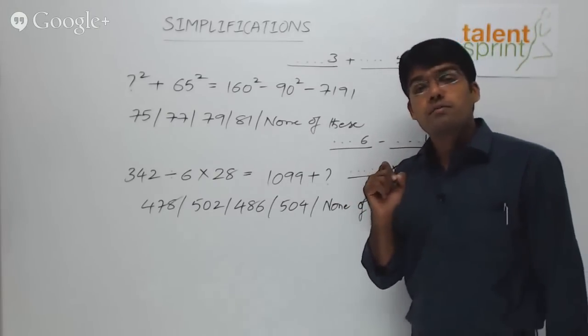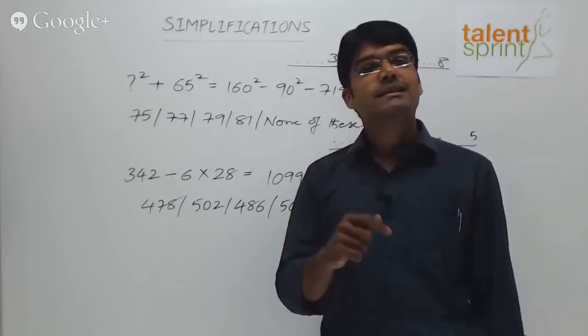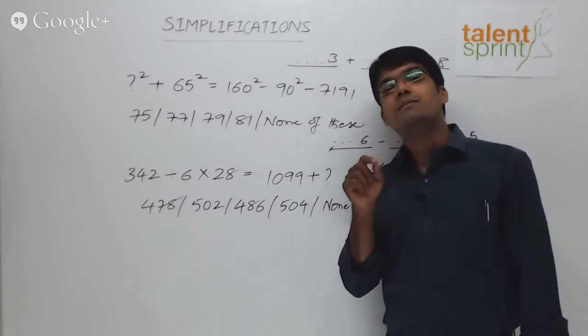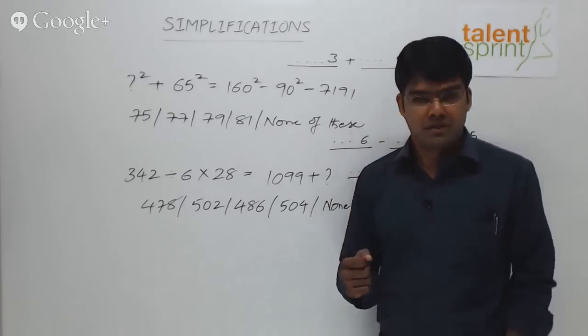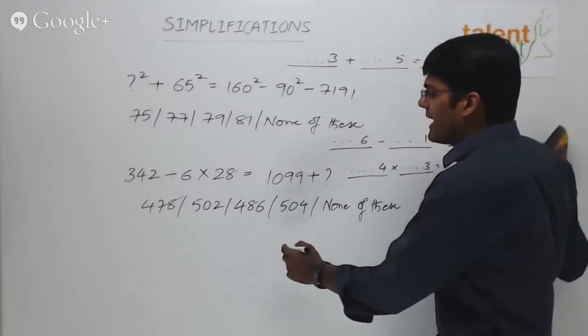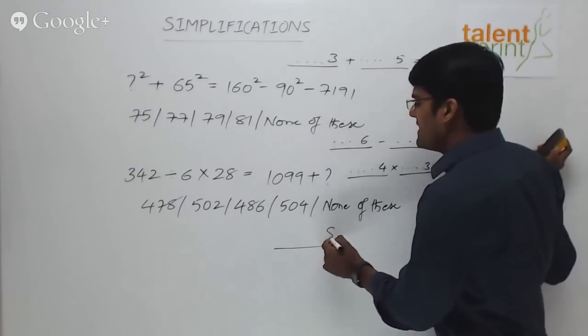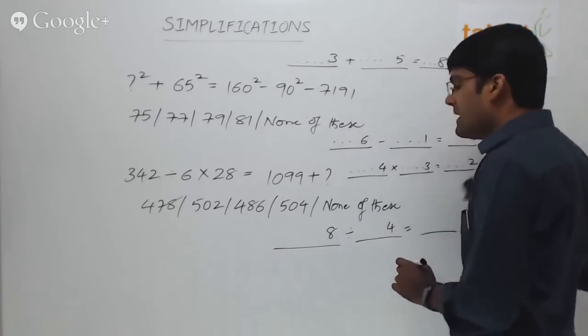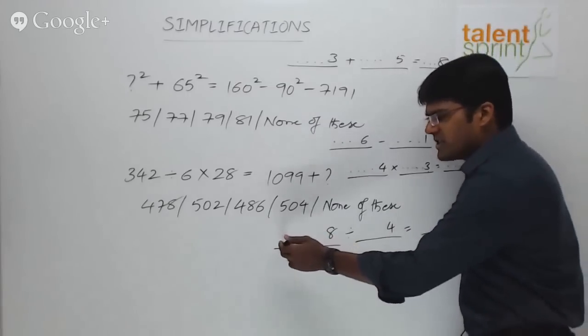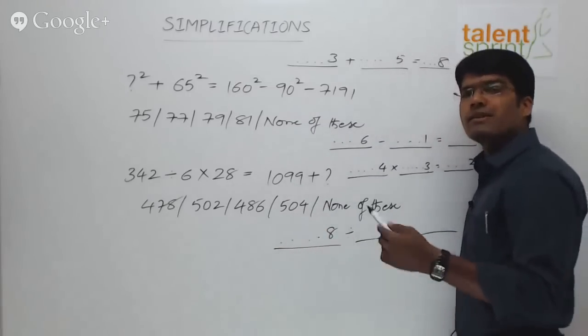But one very important point which I would like to mention here is that this particular technique, this units place method, does not hold true for division. That is, if one number ends in, let's say, 8 and the other number ends in 4, can you tell me what the answer will end in? There's one 4 or 5 digit number that ends in 8. The unit place is 8.